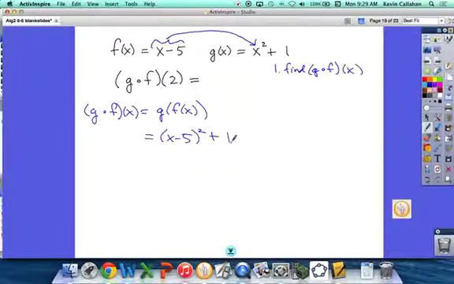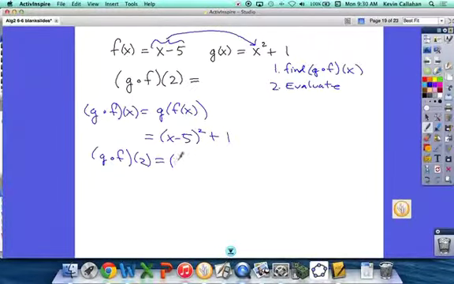Now, if I want to do g of f of 2, how do we evaluate a function? We say, here's f of x, find f of 2. What does that usually mean? Just substitute x equals 2, right?